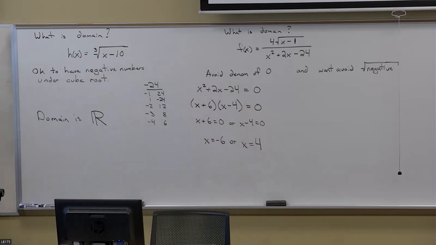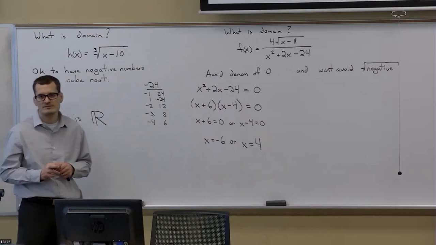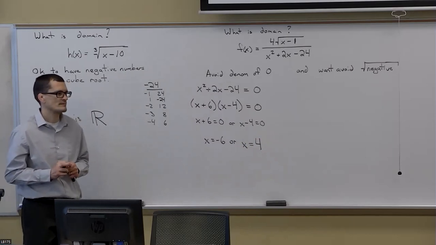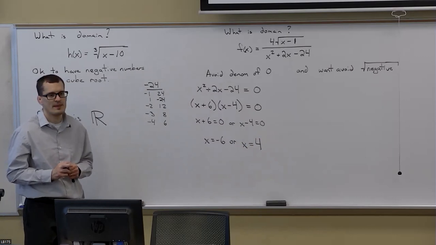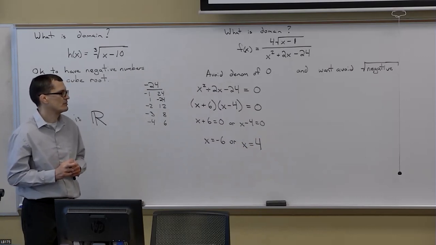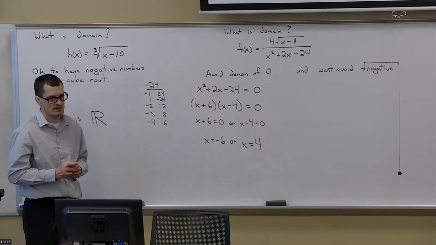I want to avoid negative 6, and I also want to avoid 4. Both of those are going to lead to a denominator of 0.